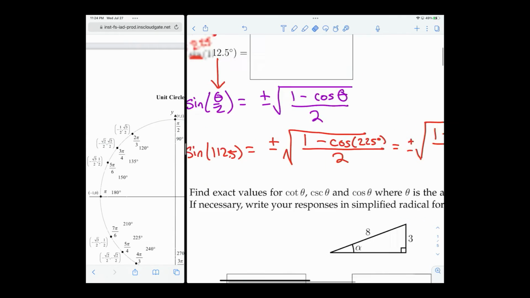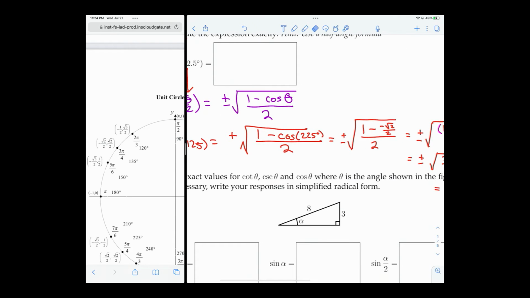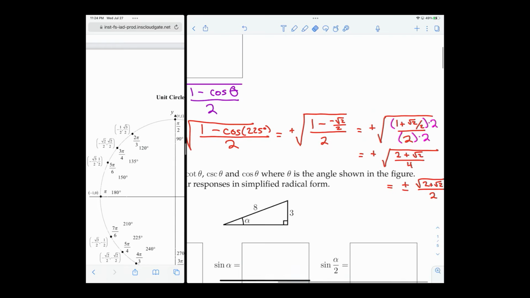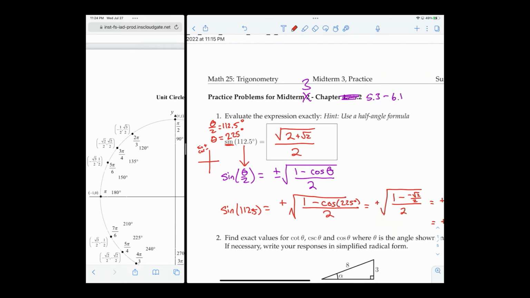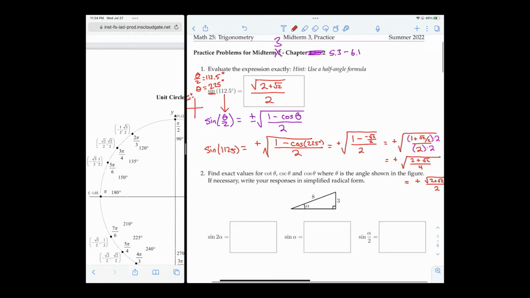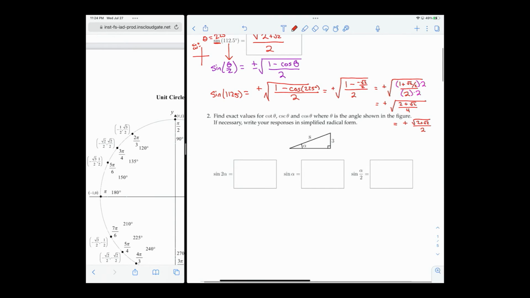So what that means is it's not plus or minus here, just the plus. And so we could say that this is the square root of 2 plus root 2, over 2. Okay, so that is how you would do that.